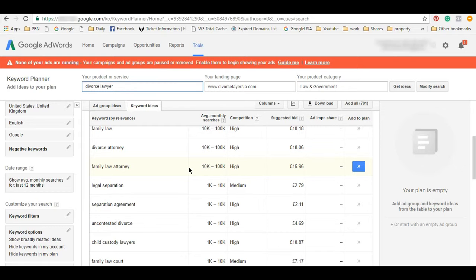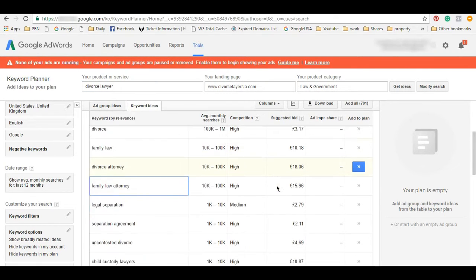Even if you're only getting 20, 30 searches a month, you might be able to sell those leads to a divorce firm for $1,000 a month, or $2,000, just for one page, because in effect, if they get one customer out of 20, 30 searches, which the likelihood is they will, then that's really, really valuable.